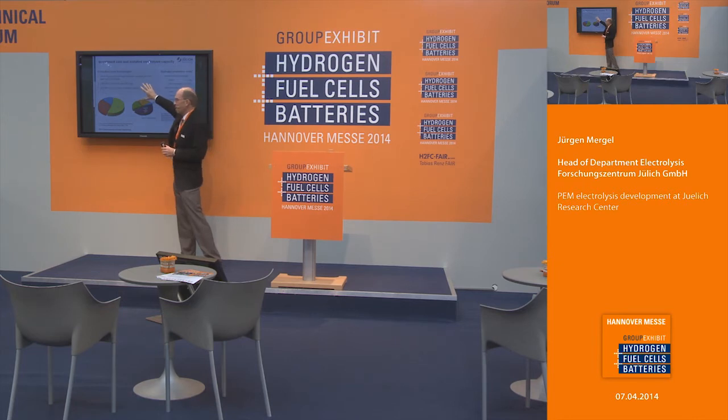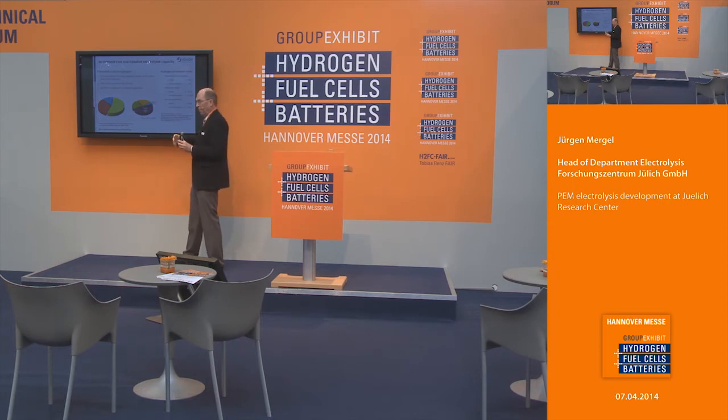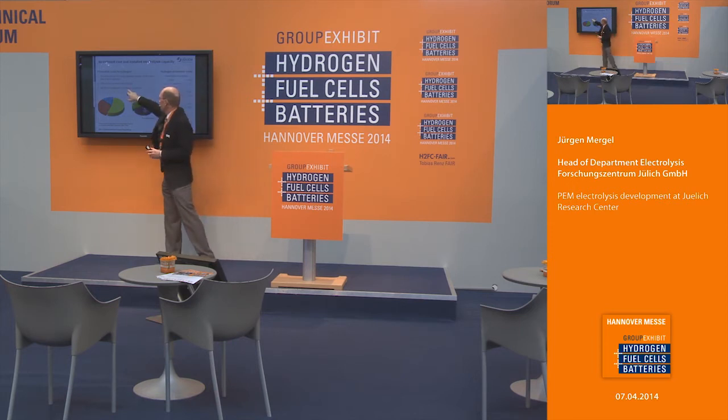But this is when the stack or the system runs 8,000 hours per year. When it only runs 2,000 or 4,000, what is normal if you connect this with renewables, the investment cost will be more important.